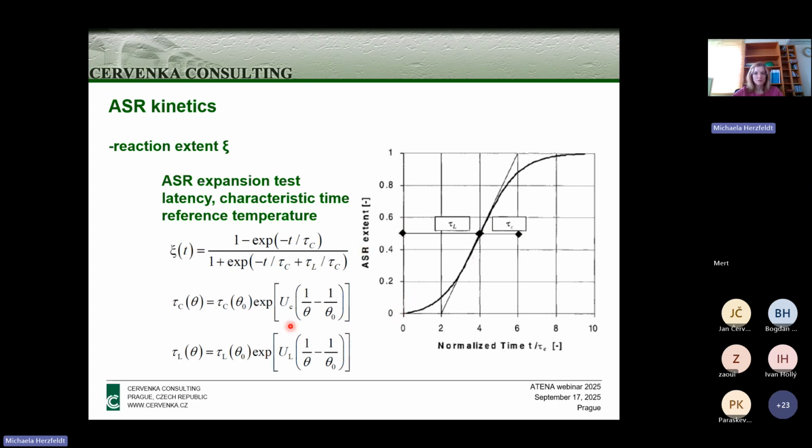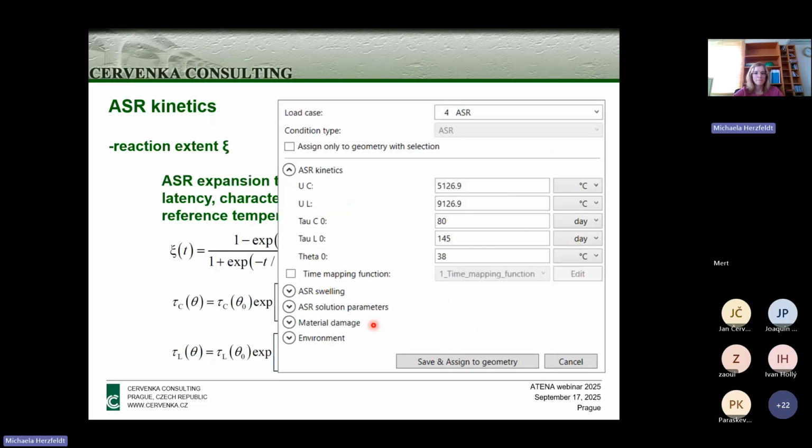And so usually you have this latency and characteristic time for one measurement at a reference temperature, and then ATENA can recalculate it for another temperature where the ASR reaction is taking place. This is again the interface in the ATENA preprocessor, where you input the parameters for the boundary condition of ASR. And here are parameters for this development.